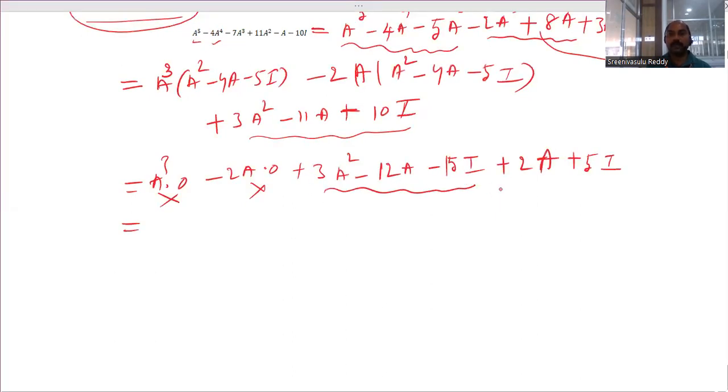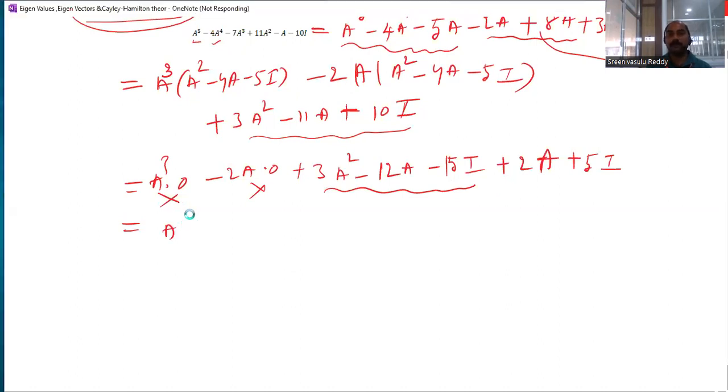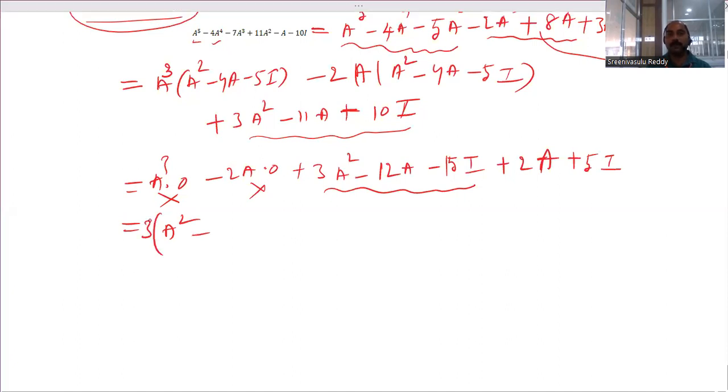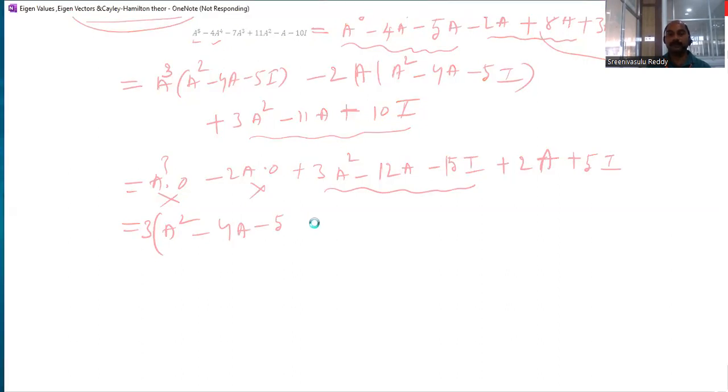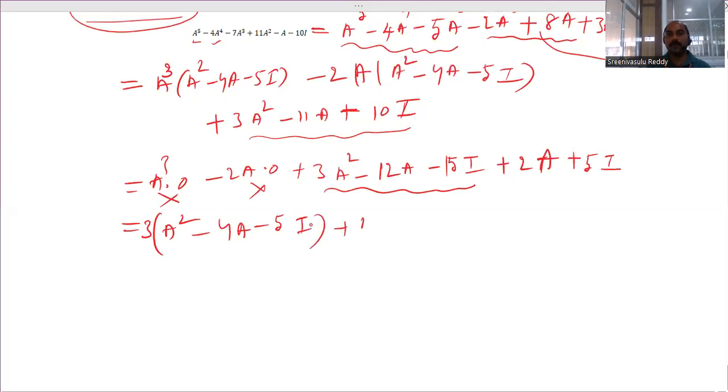Now once again simplify these first 3 terms. Take A as common, 3 is a common factor. We get 4A minus 5I, plus 2A plus 5I.